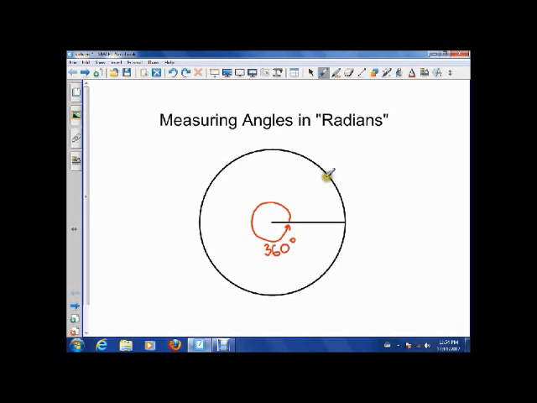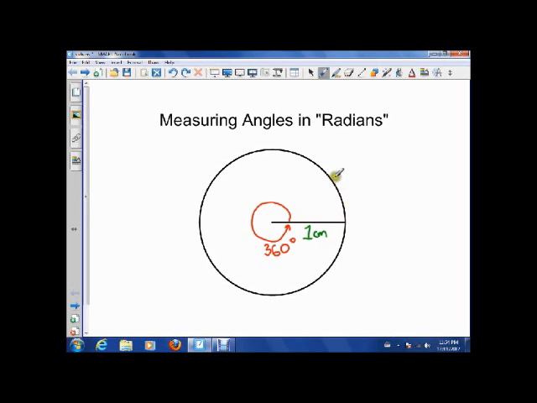Now, what we want to do is translate that to a different type of measure, and the measure is called radians. This radians idea actually makes even more sense than degrees. The reason is, imagine that this circle had a radius of 1 centimeter.